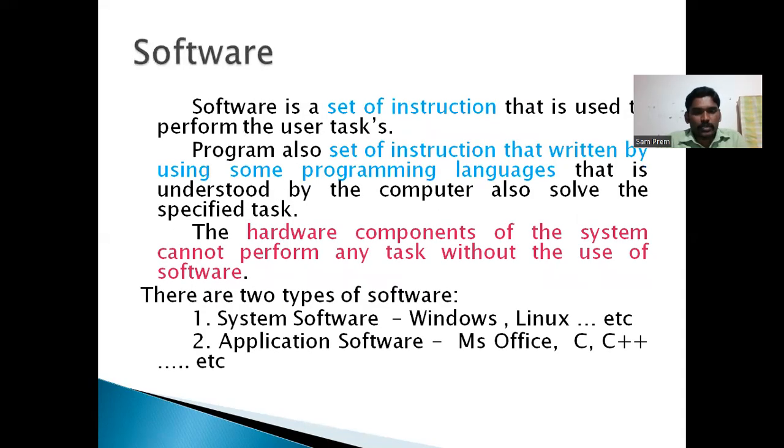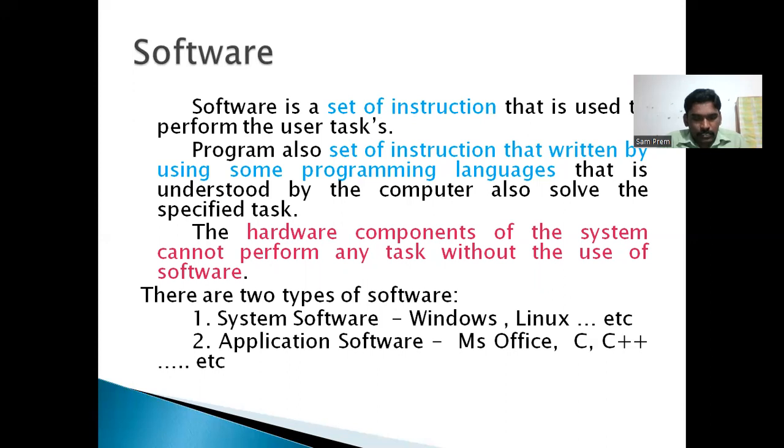Next one, software. Software is nothing but a set of instructions. These instructions are used to perform some specific task. A program is also a set of instructions written using some programming language that is understood by the computer to solve the specified task. Hardware components of the system cannot perform any task without the use of software.